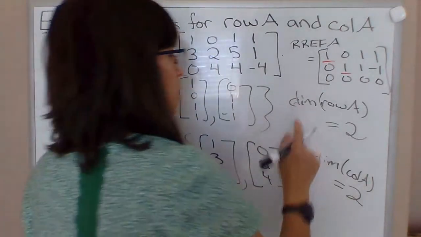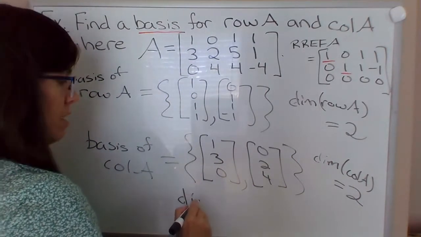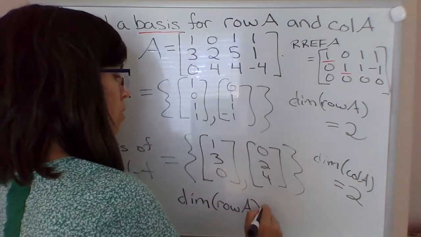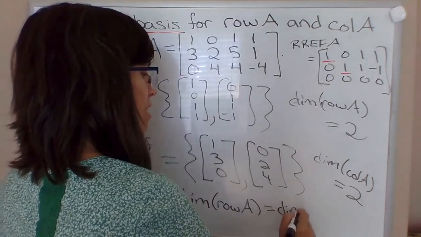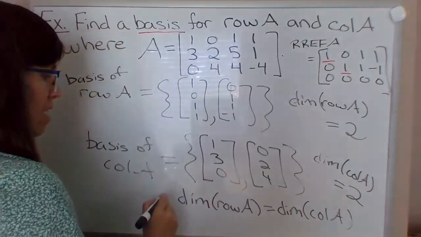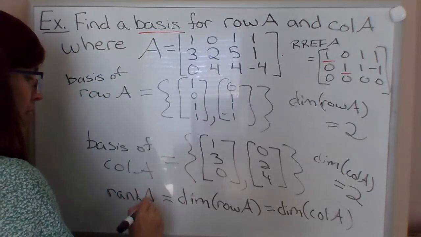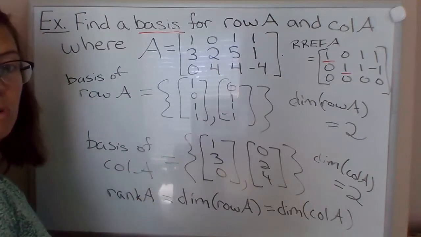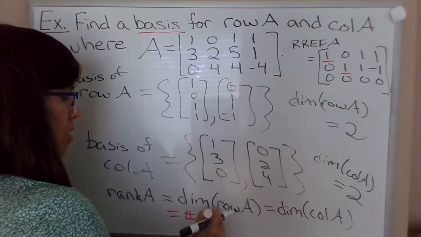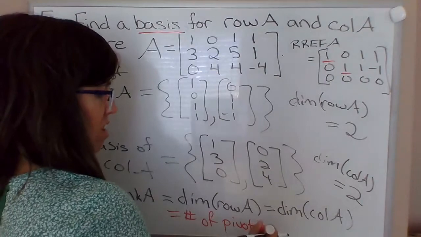So it's always true, in fact, that the dimension of the row space of A will equal the dimension of the column space of A. Because either way, it's going to be equal to the number of pivot columns. And so we call this value the rank of A. Another way of thinking of it is it's equal to the number of pivot columns or rows, whichever way you want to look at it. Or let's just say the number of pivots.